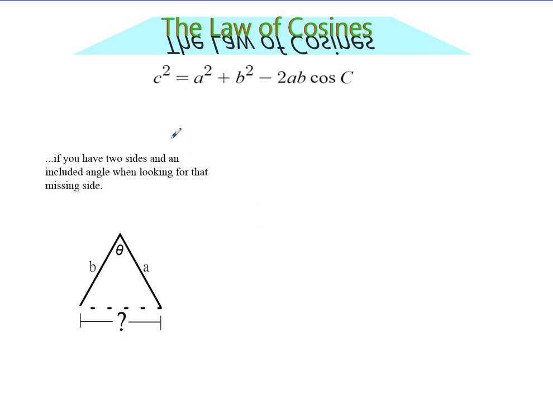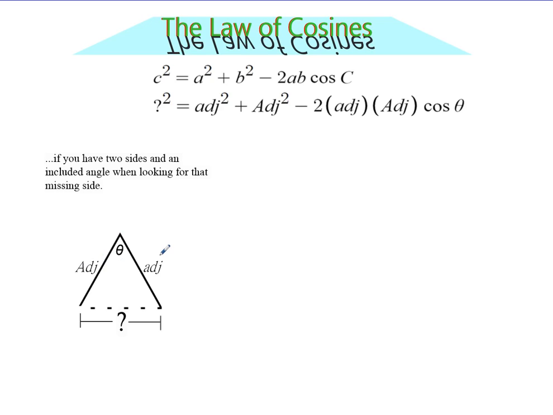Okay, so first thing I'm going to do is take out C and call it theta. I'm going to take out the A and the B and call them adjacents, okay, because they are next to the angle. So we effectively have a side followed by an angle followed by a side, or side angle side. Okay, I'm going to substitute that information up into the law of cosines, and then I'm going to say, how hard is this to solve for the question mark?